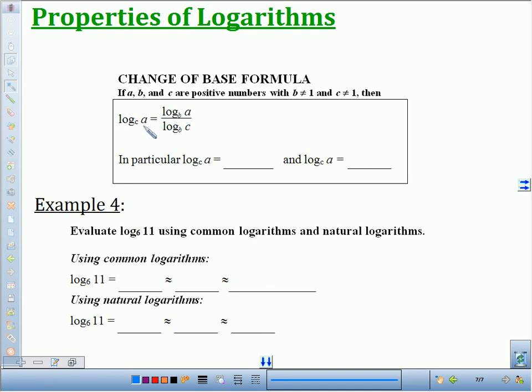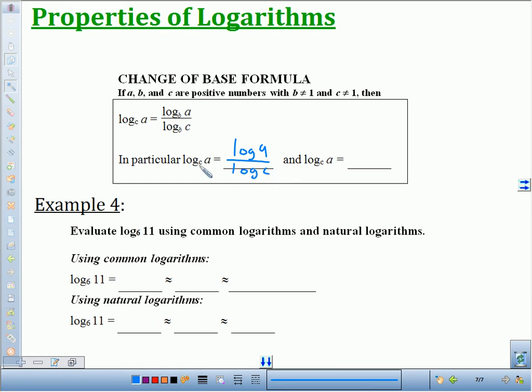So, if I have log base c of a, I can change that to base b by doing log base b of a divided by log base b of c. In particular, if I have log base c of a, that is the log of a divided by the log of c.